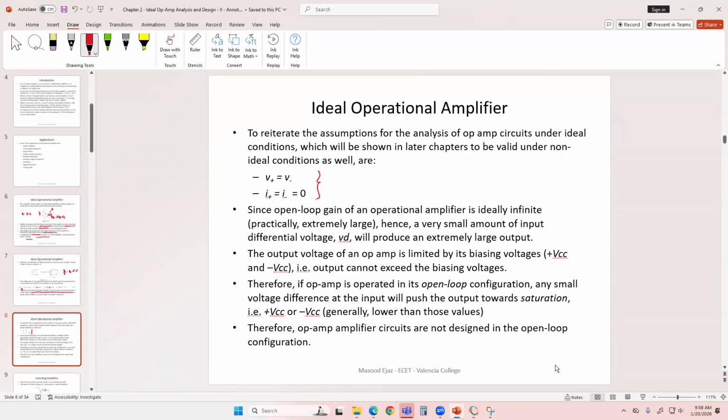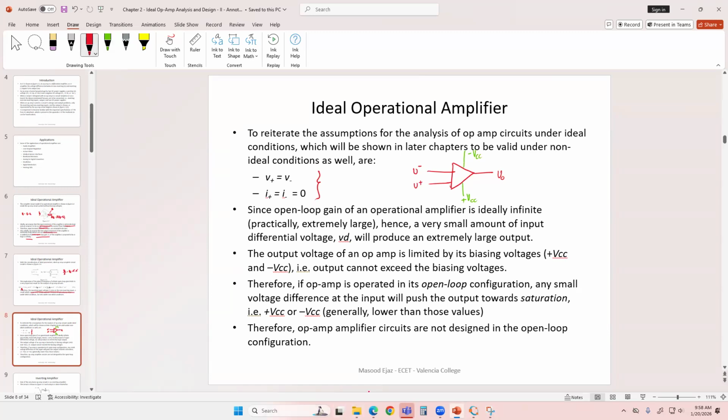Okay. Now, any operational amplifier, when you bias them, so let's say this is your operational amplifier. This is your V negative, V positive, V out, and I can show the biasing voltage as well. Let's say this is your positive VCC, we call it VCC. So positive VCC and negative VCC.